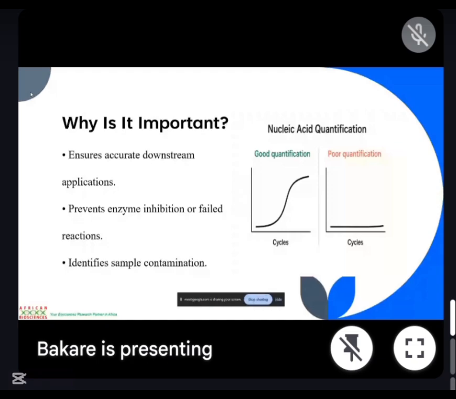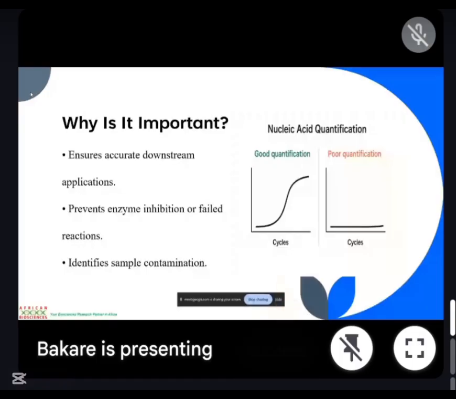Oh, maybe my RNA is bad. You will know that that's not the issue because you already quantified, you already passed that check. And it also prevents failed reactions. You know that, oh, I should not use this nucleic acid. Let me re-elute, or let me start again. Because if I use this, I'm just going to waste my time.